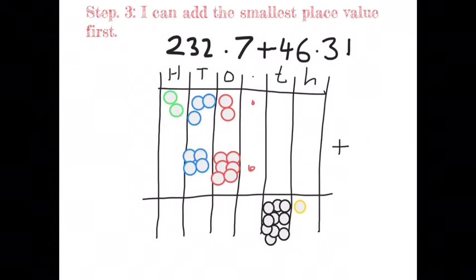Right, we've got 10 tenths. Now, 10 tenths actually makes 1 whole. So actually what we need to do, and if you're using counters this is really easy, is stack all the tenths up into one nice pile. Just like that. So I've stacked all my tenths into one nice pile to represent a whole 1.